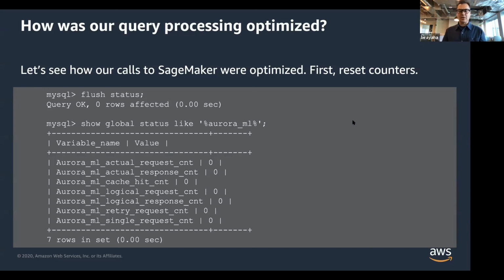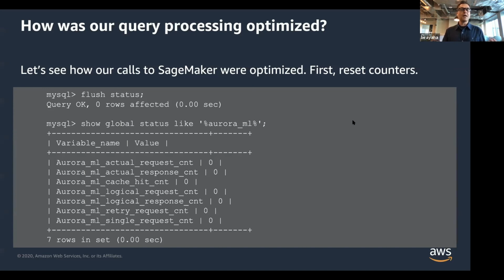Because you have two separate endpoints that are talking to each other, that can also incur cost. And finally, there is the ease of use that you gain by the seamless integration between these two endpoints.